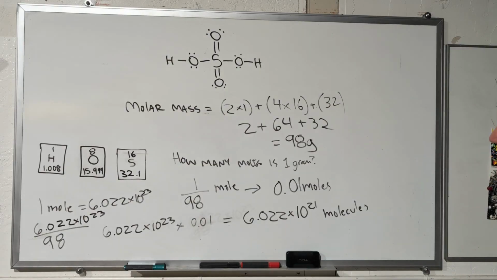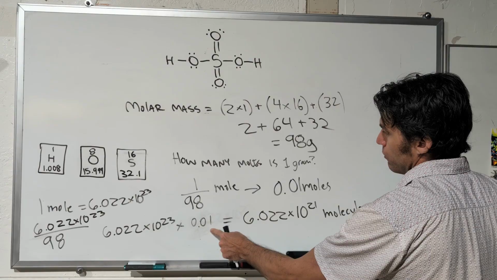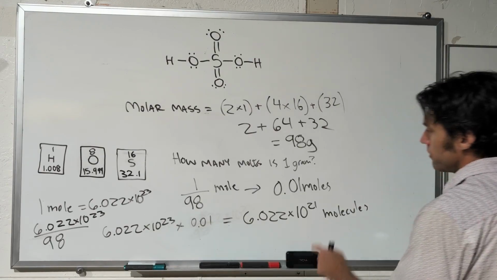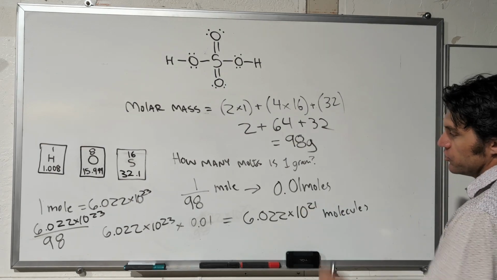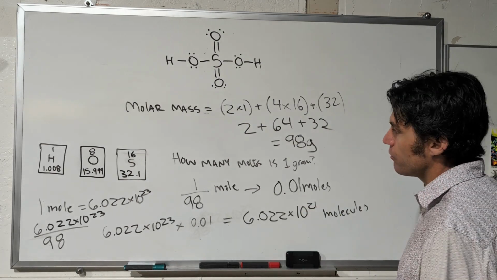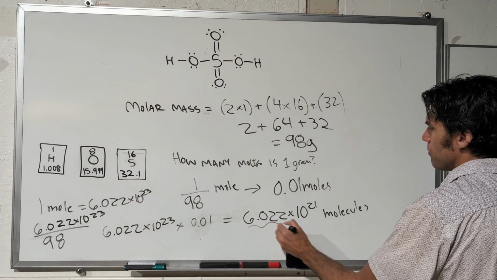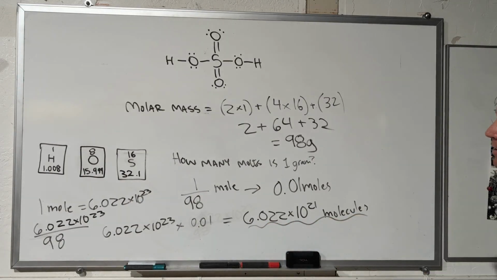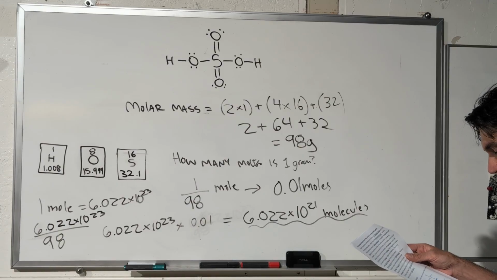Which makes sense because this is basically moving the decimal place 2 to the left, and 21 is 2 less than 23. Okay, so that makes sense. That's how many molecules we got. All right, it's a lot. That's how many molecules that is.